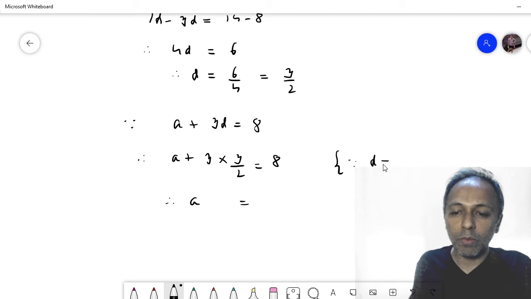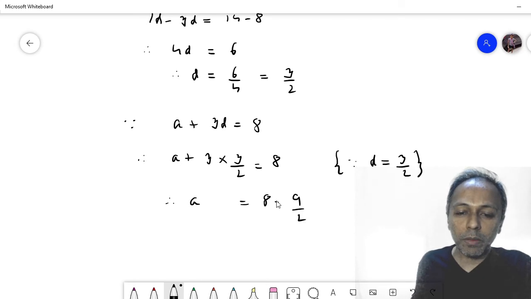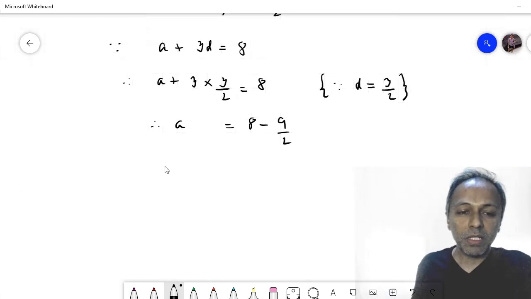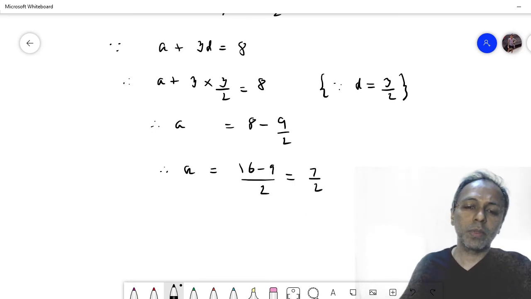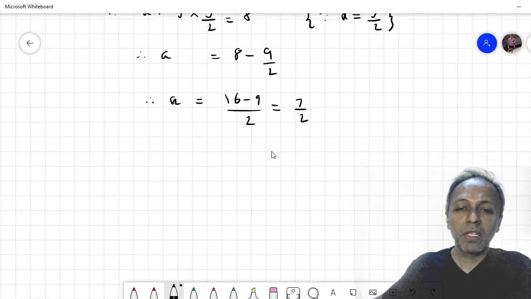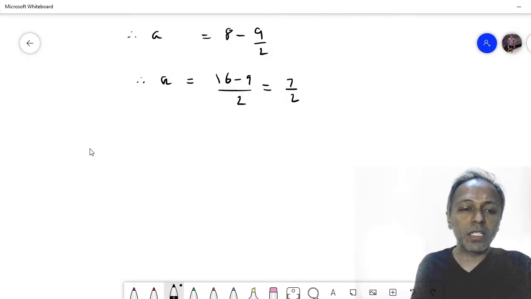Since we know d is equal to 3 upon 2, this becomes 8 minus 9 upon 2. 3 3s are 9. We can take the LCM. 8 2s are 16 minus 9 upon 2 will give you 7 upon 2. This was also one of the questions, find the first term. Now he is asking you to find the sum of first 20 terms.